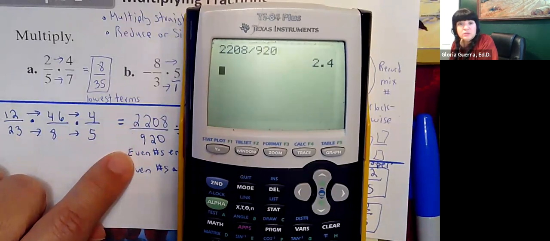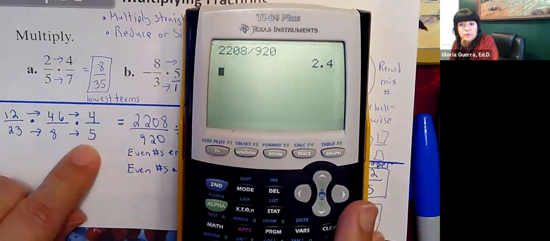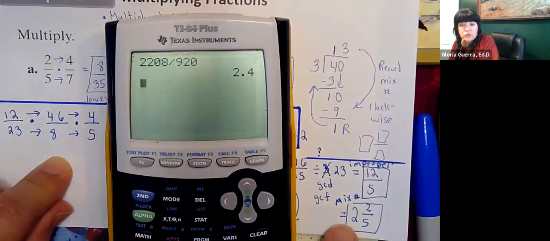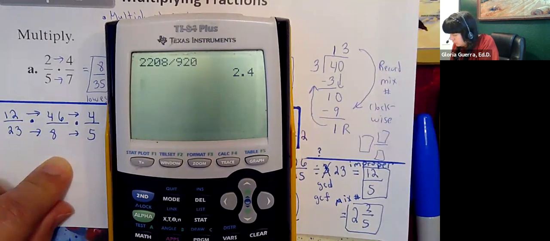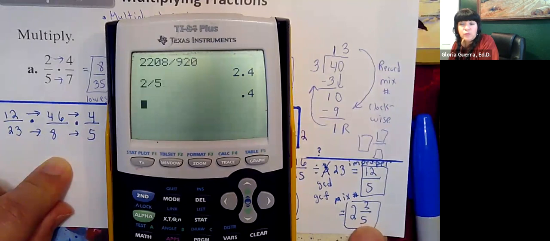That gives you the decimal 2.4, which makes sense. See, 2 and 2/5, that's where the 0.4 comes from. If I do 2 divided by 5, there's my 0.4. So 2/5 is equivalent to 0.4.